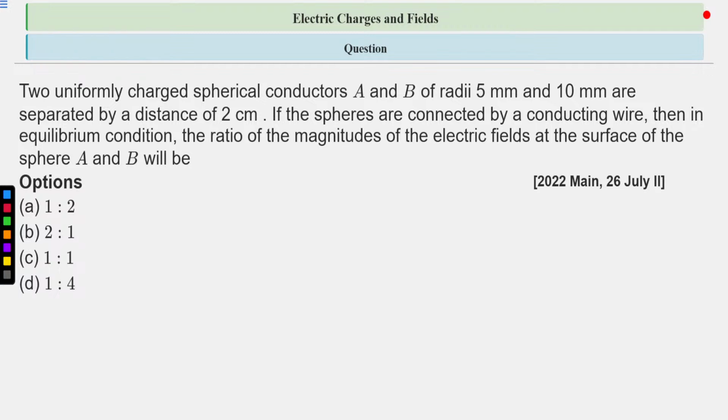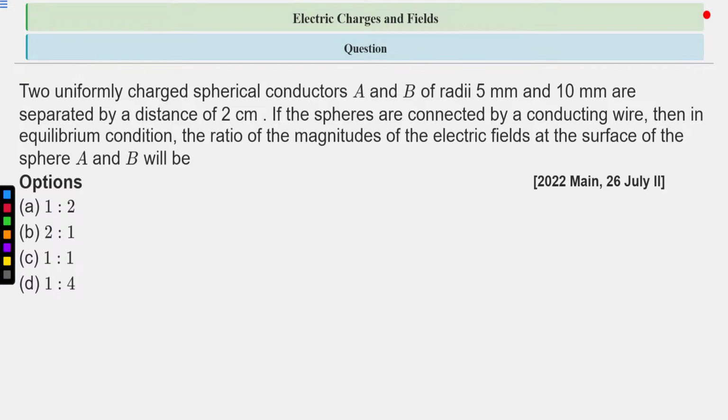If the spheres are connected by a conducting wire, again a similar question: when we connect two conducting spheres with a conducting wire, the potential on the surfaces of both the spherical conductors becomes equal. So what is the equilibrium condition?